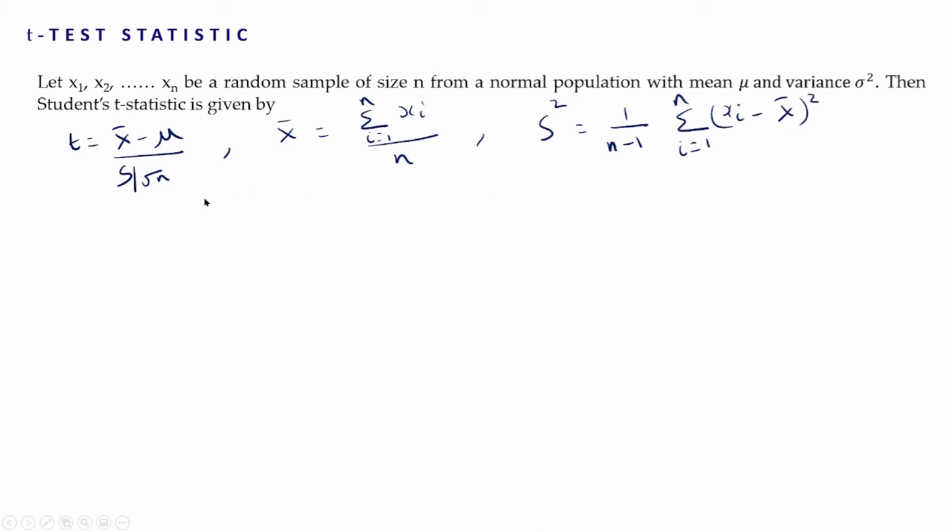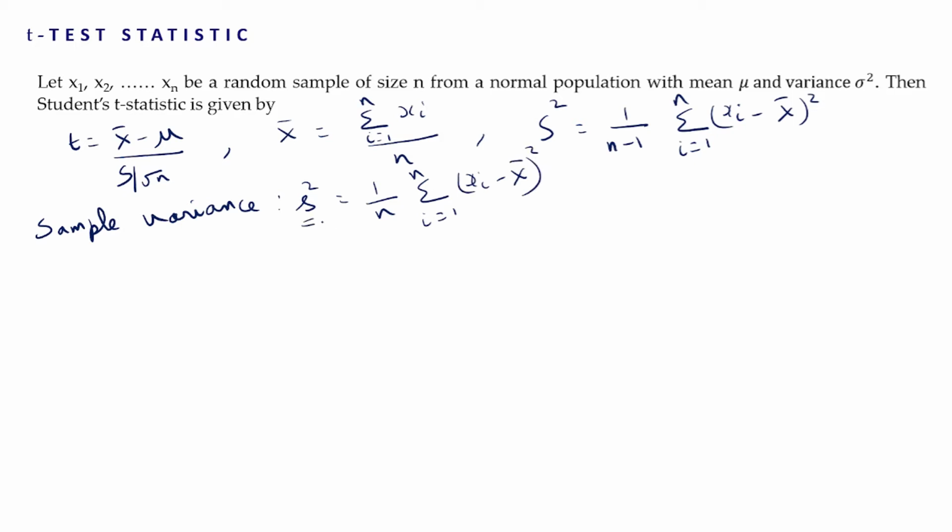Now here we will see how we can find t when the sample variance is given. The sample variance is denoted by small s square. Sample variance small s square is equal to 1 by n summation i equal to 1 to n xi minus x bar the whole square.